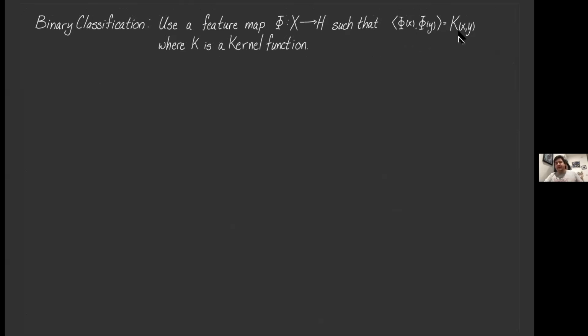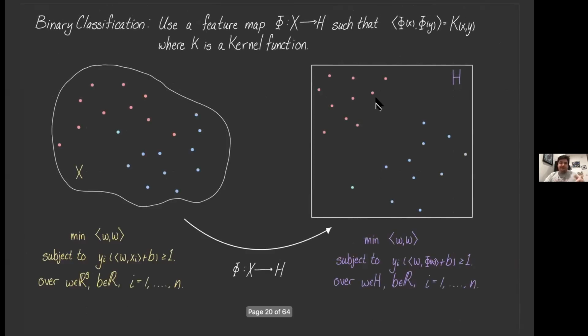Where this k, let's just cut to the chase, is a reproducing kernel. So at a high level, we take our data that's over here in X and it's nonlinear, and we use this feature map to send it over into a Hilbert space.